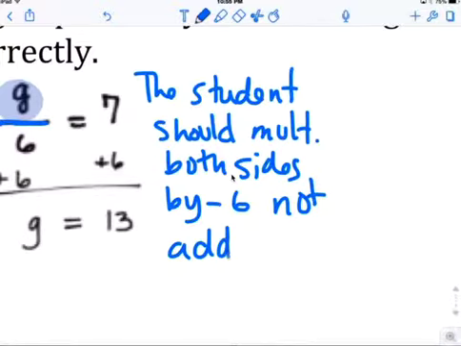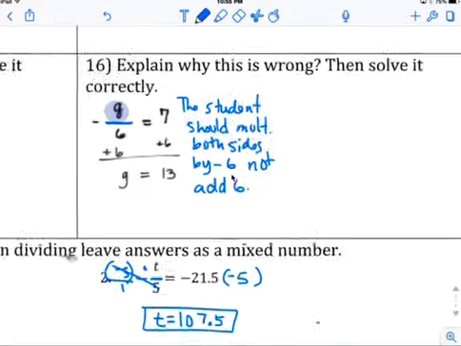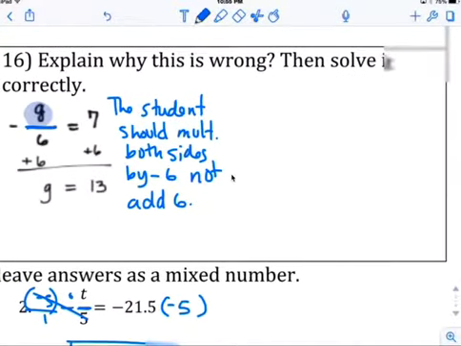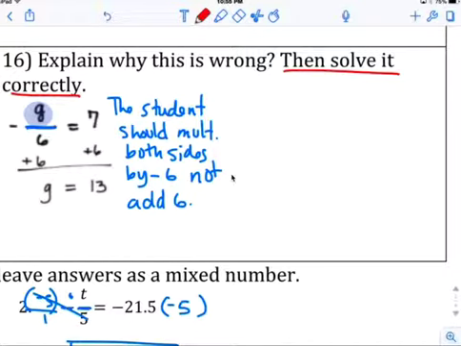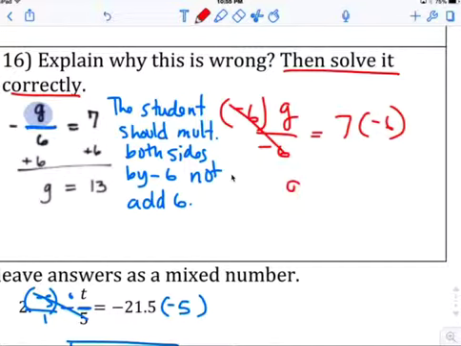So, then it says solve the problem correctly. G over negative 6 equals 7 times negative 6 times negative 6. G equals negative 42. Okay, like that.